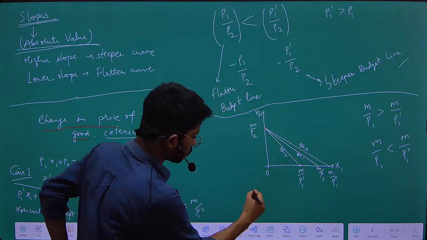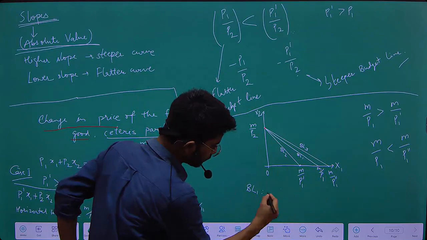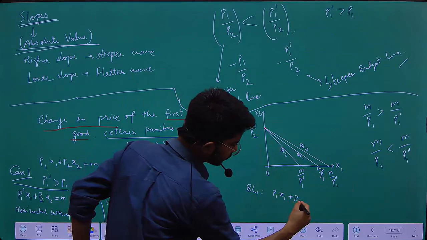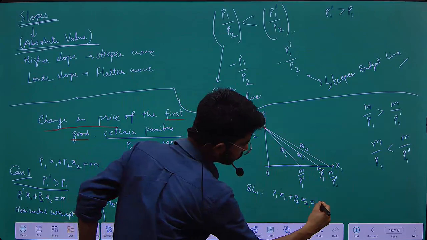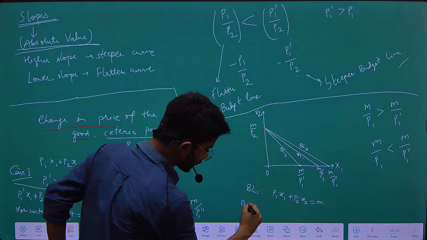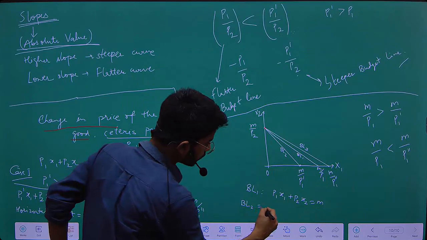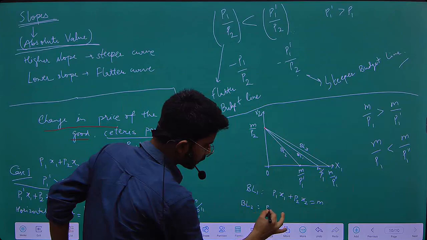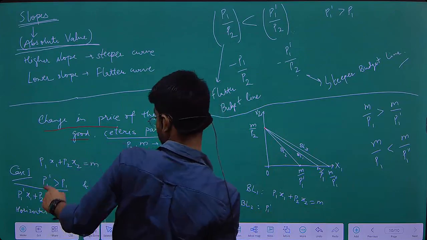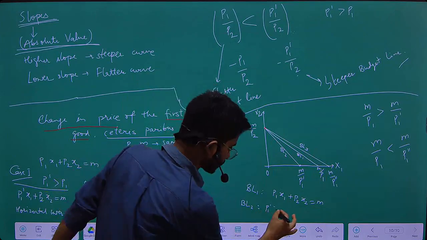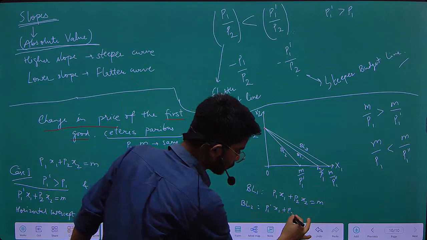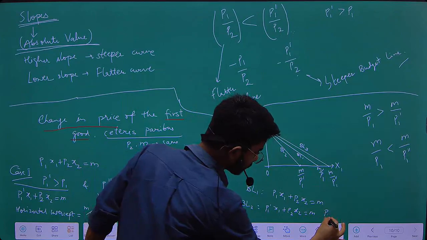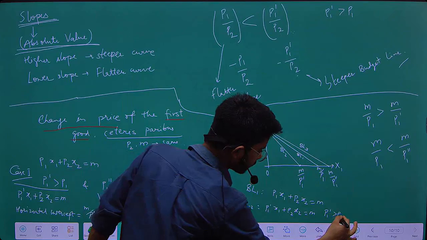So BL1 is the budget line with the equation P1x1 plus P2x2 equal to M. You have your second budget line, BL2, giving you the relation P1 dash x1 plus P2 x2 equal to M. You have P1 dash greater than P1.